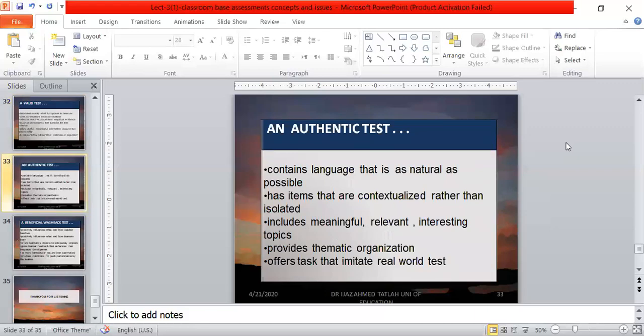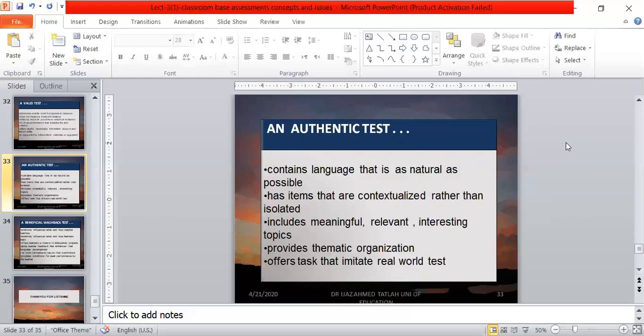An authentic test. The authenticity of any test is based on the following features. If a test contains language that is as natural as possible, then the test is known as an authentic test.